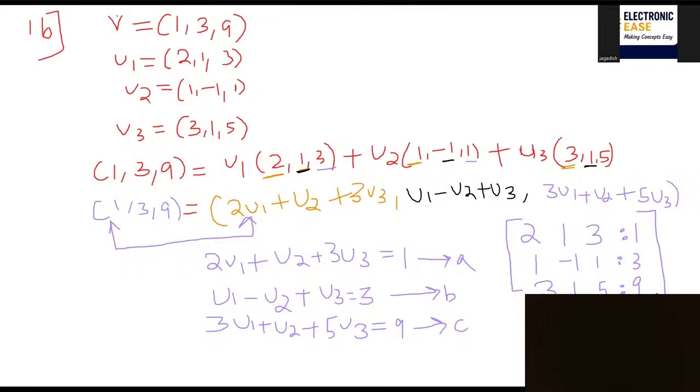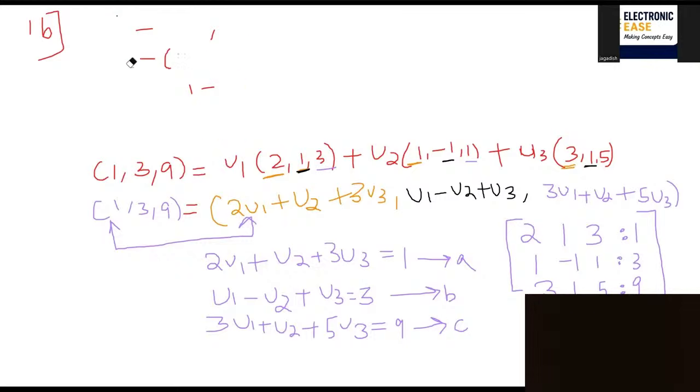Now I have to apply the echelon form. So first, the first element should be 1, students. So what I will be doing is the pivot element.